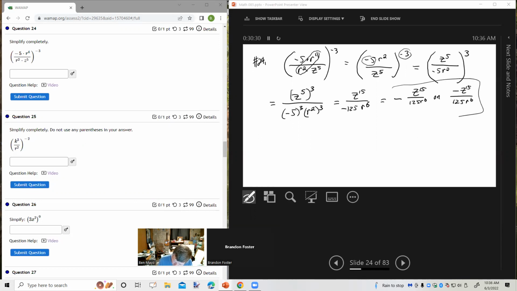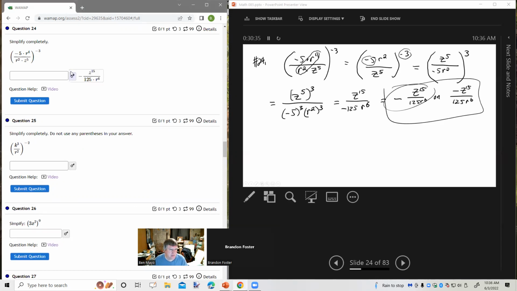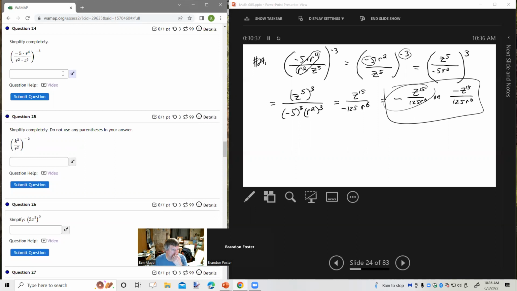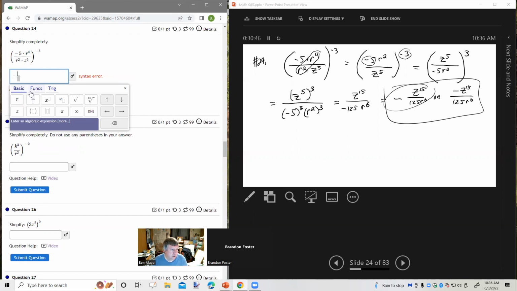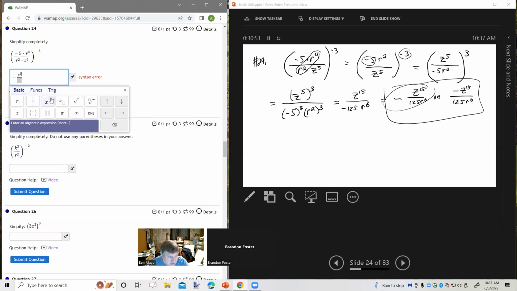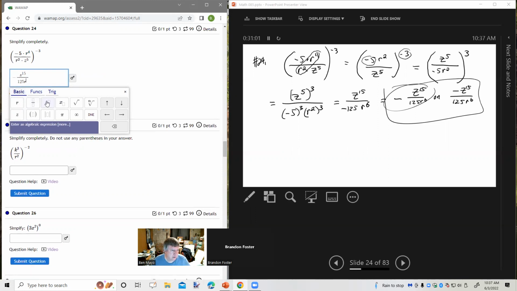So either one of those, I'm going to go with that first one. Actually, you know what? Let's see what they did. Yep, they went with the first one. Okay. I never know for sure which way they're going to write it. Okay, so negative. Then we're going to use the fraction. In the numerator, we've got z to the 15th power. In the denominator, 125 r to the 6th power.